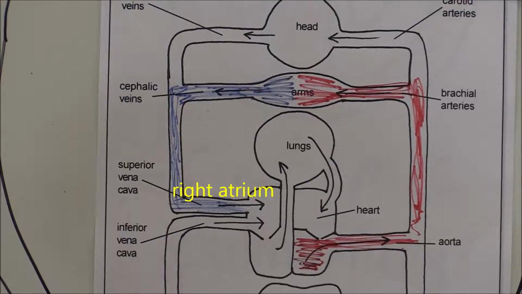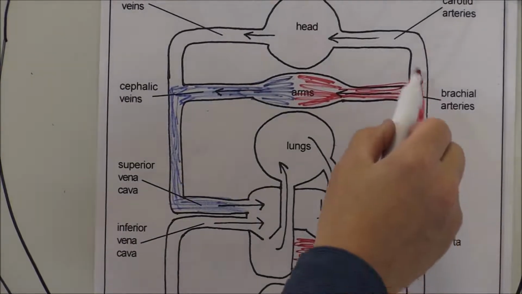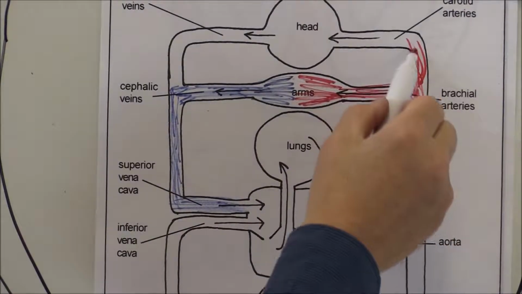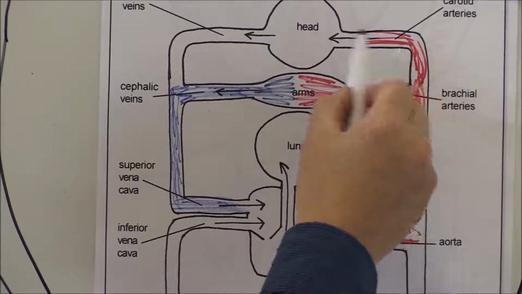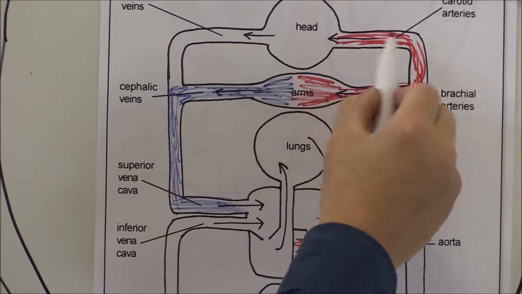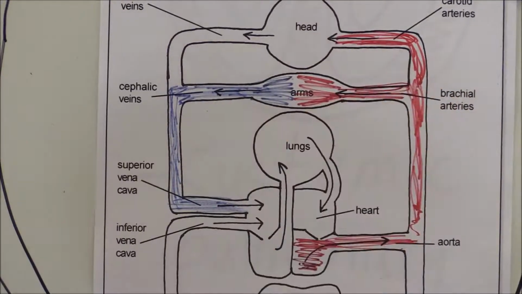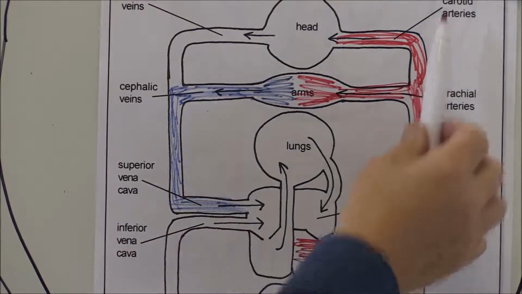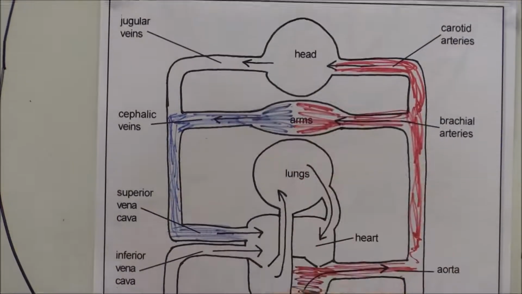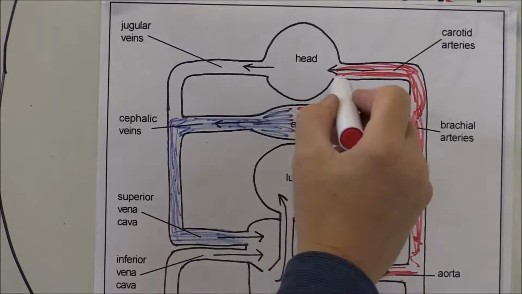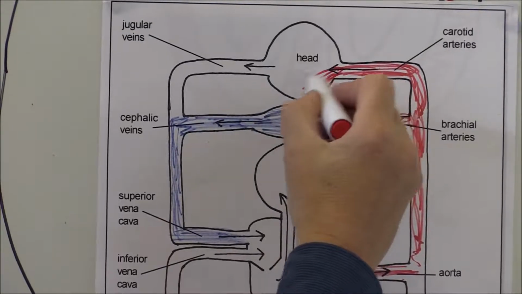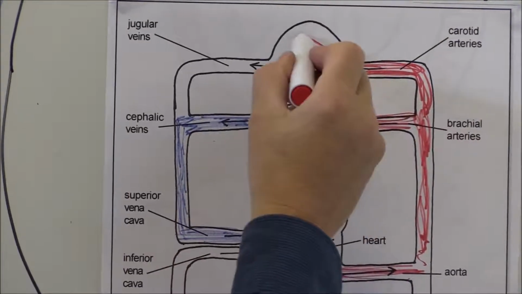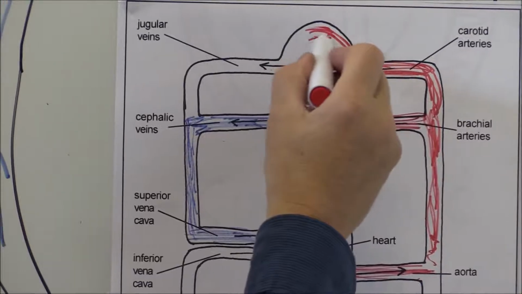And we notice that other blood from the aorta is going to go up towards the brain and the head. Two of the large arteries carrying blood towards the brain are the carotid arteries that you can feel pulsating in the neck. This is going to take oxygenated blood to the head and indeed to the brain.